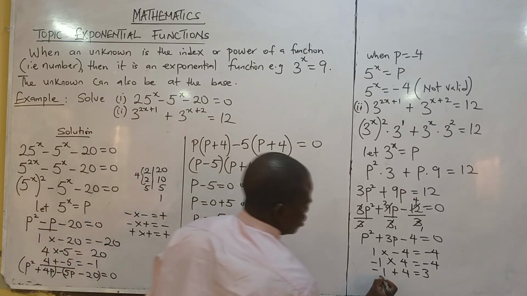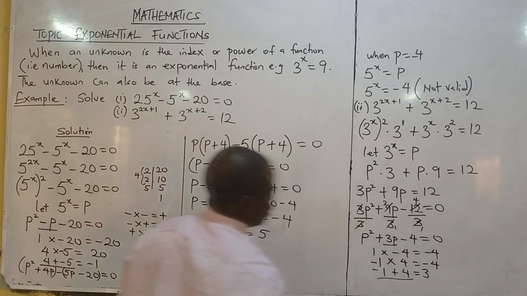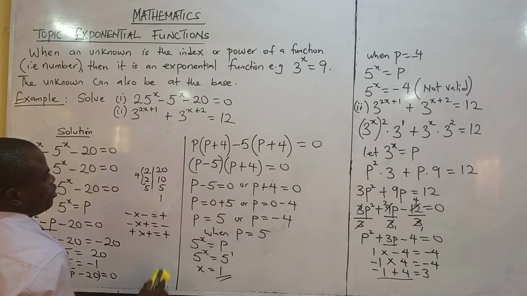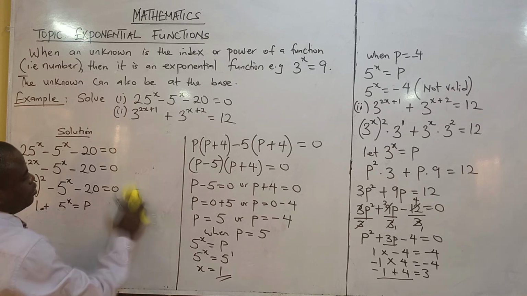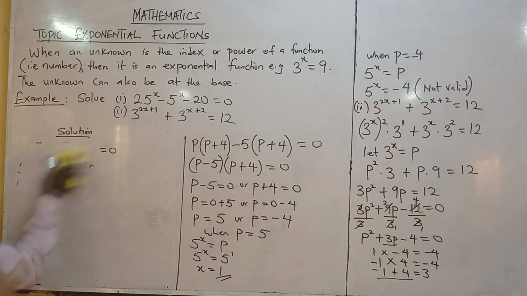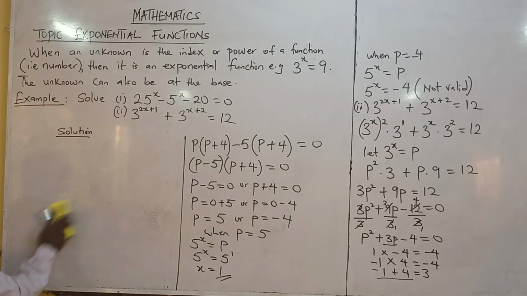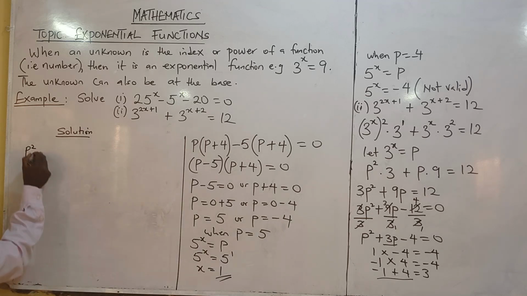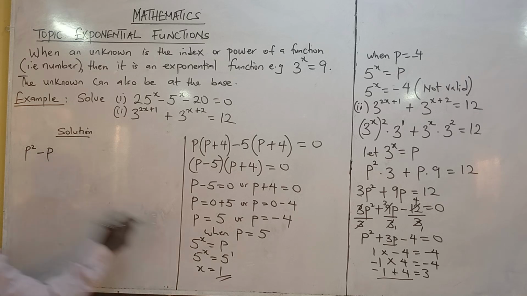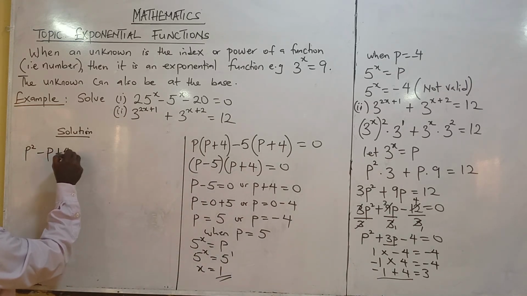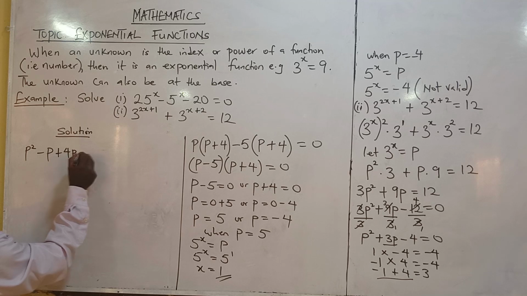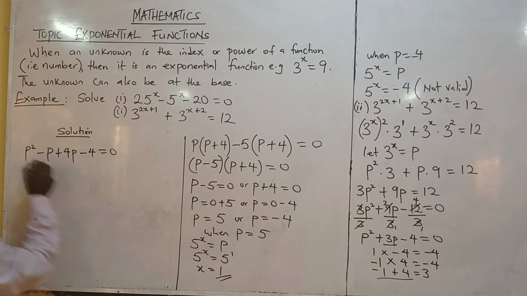Now we replace 3p with these. You have p squared minus p plus 4p minus 4 equals 0.